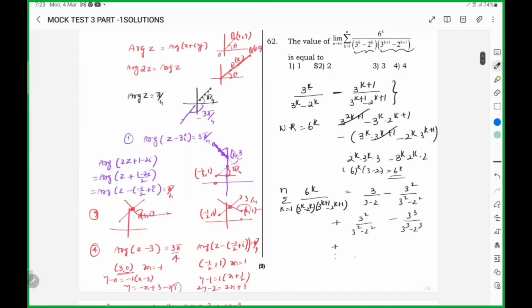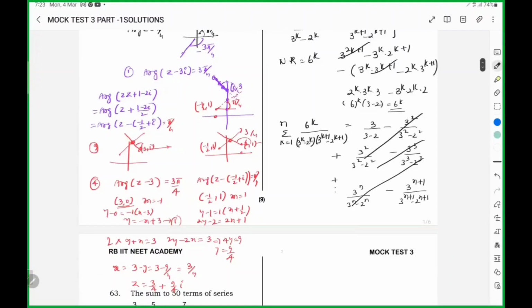Here k as n. Right. All these terms get cancelled out.